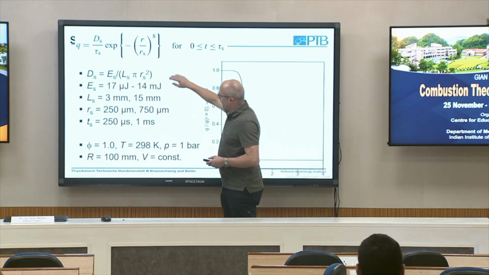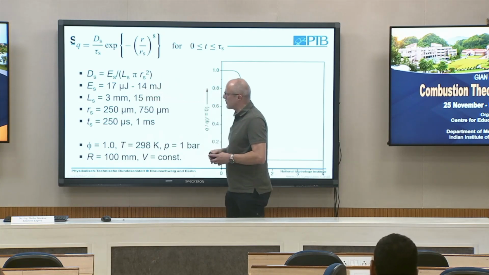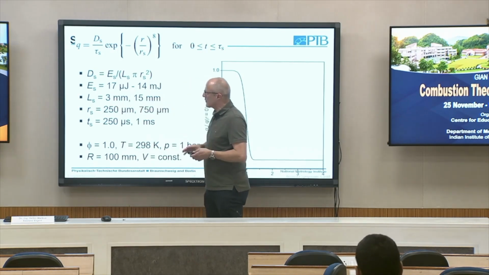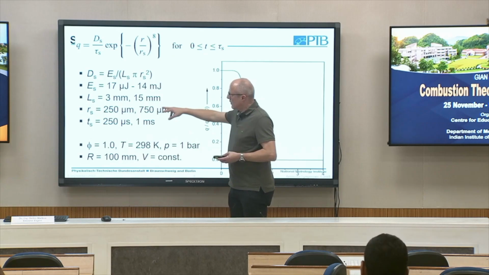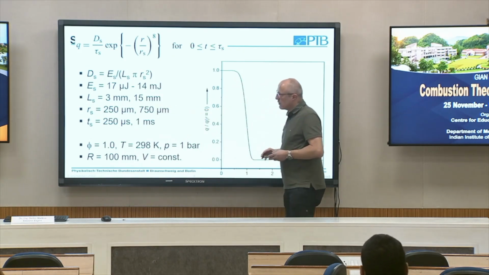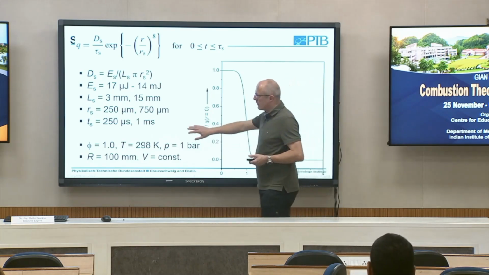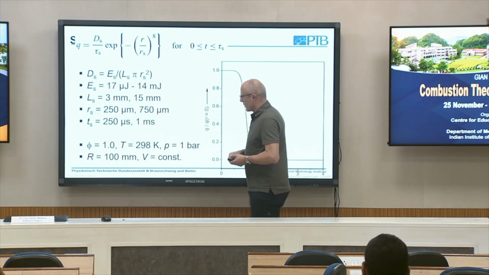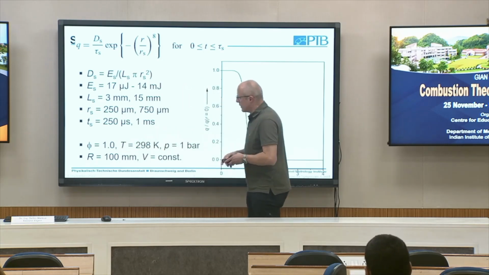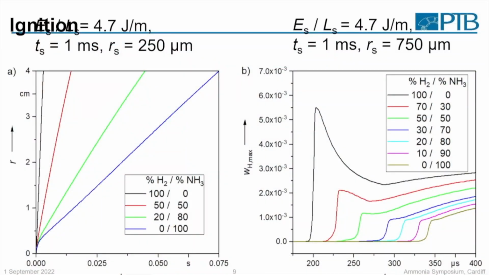We have varied the energy in the range of 70 microjoules to 40 millijoules. The spark length was in the range of 3 millimeters to 50 millimeters. And we used different radii to examine the process, and also we varied the energy deposition time, for always phi equal 1 mixtures at initially ambient conditions. So what was the outcome?